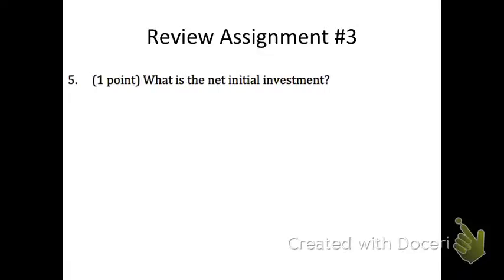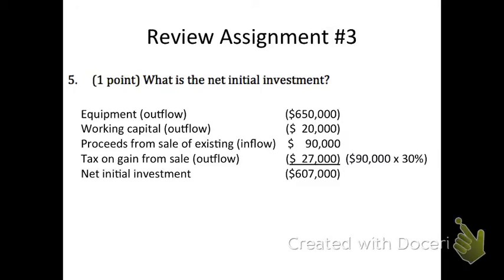And so number 5 is the net initial investment. The net initial investment includes the cost of the machine, the working capital that I'm going to invest, the proceeds from the sale of any assets that I now hold, and the tax effect of that sale. So if you look at what we have, you see the $650,000, the $20,000. I sell the existing machine for a total of $90,000.